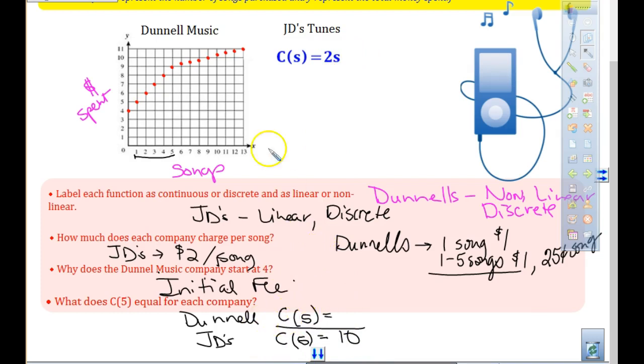If we are looking at Danelle's, we need to look at our graph, and at C of 5, we would have 9. So if you're only going to buy 5 songs, that one is cheaper. But if we continue going, is Danelle's going to be your better buy or the other one? Danelle's after a period of time, right? So you might have started off cheaper with you only buying 1 or 2 songs.